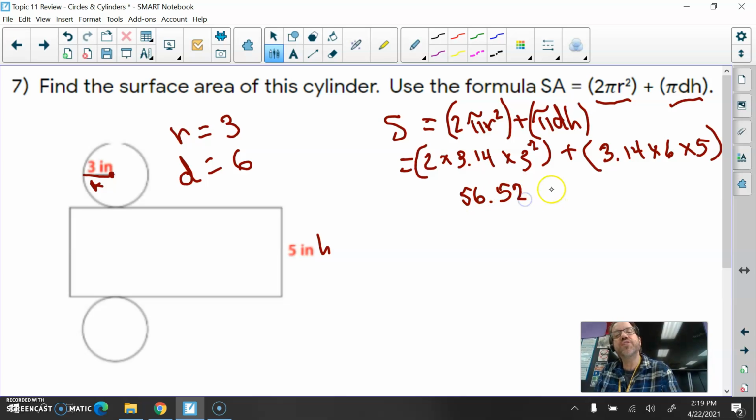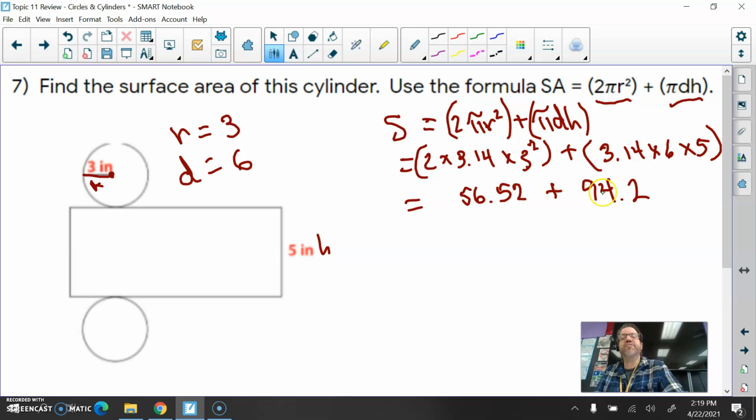And you can check this yourself using your calculators. 2 times 3.14 times 9, 3 squared is 9, is 56.52. And over here I have 3.14 times 6 times 5, which is what, 94.2? Let's find out. Yep, 94.2.